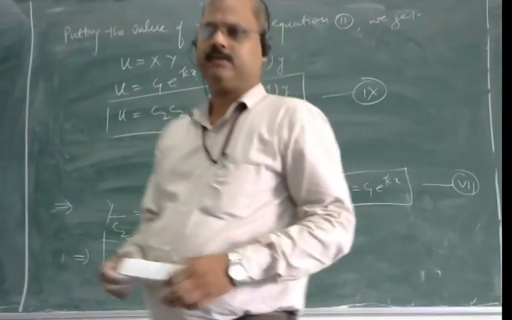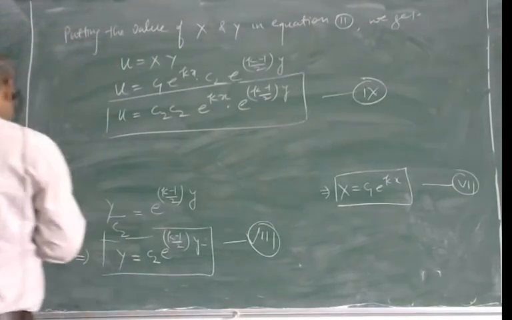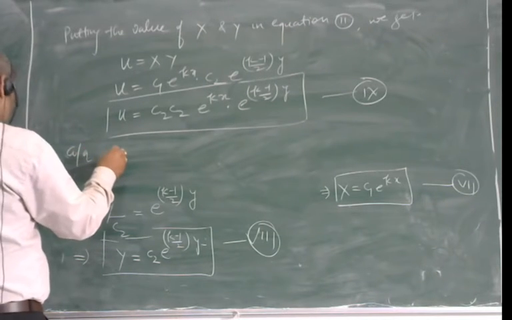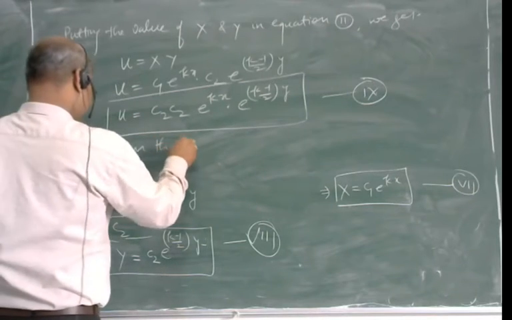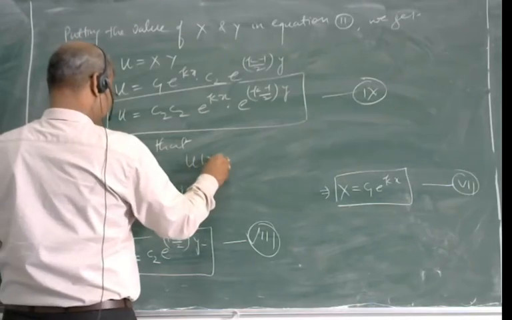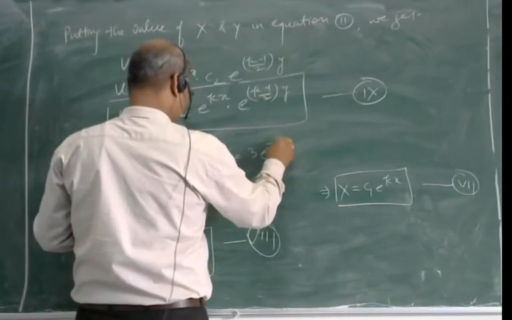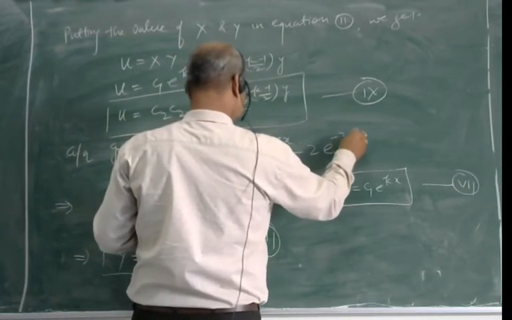Since there is an initial condition here, according to the question, given that u(x,0) is equal to 3 e to the power minus 5x minus 2 e to the power minus 3x.